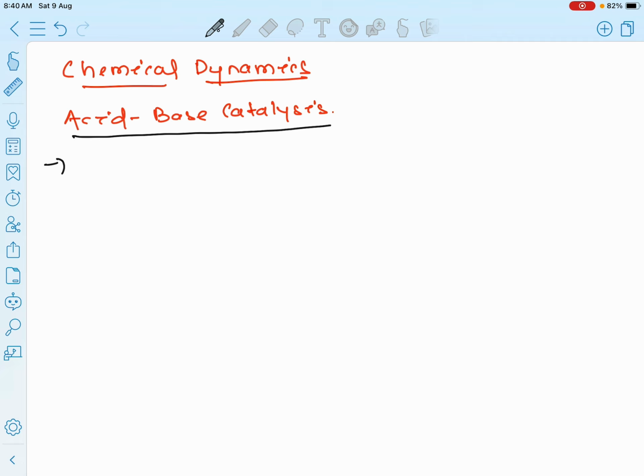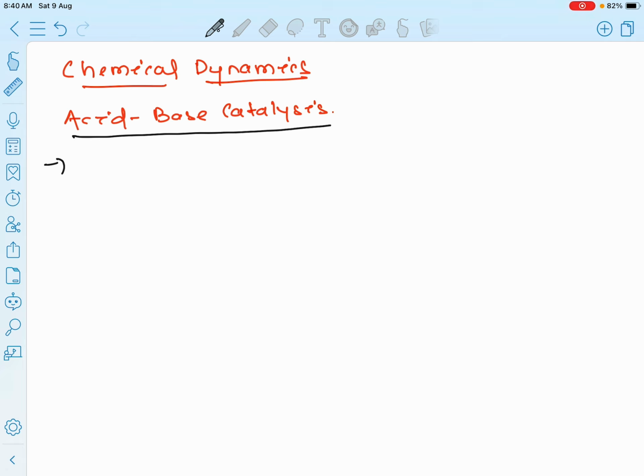And here also we will alter the rate of the reaction by the addition of some acid and base from an external source to a chemical reaction which is already going on. So we will see what will happen after the addition of some amount of acid or base. If the rate of reaction increases with the addition of the acid and the amount of the acid before and after the reaction remains same, then we will simply say the reaction is an acid catalyzed reaction.